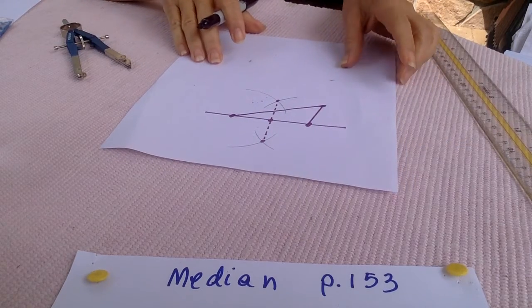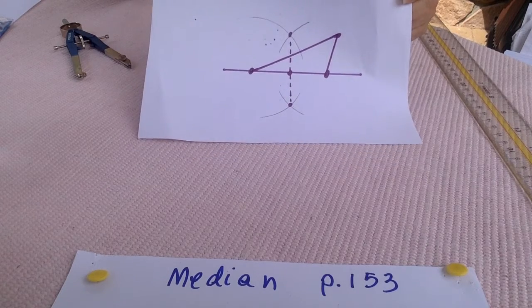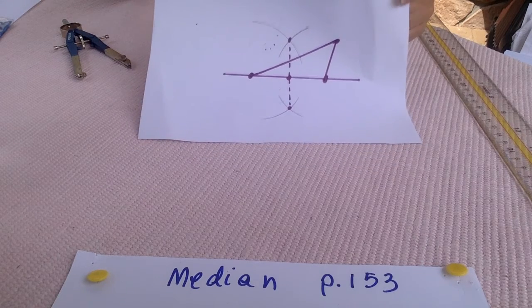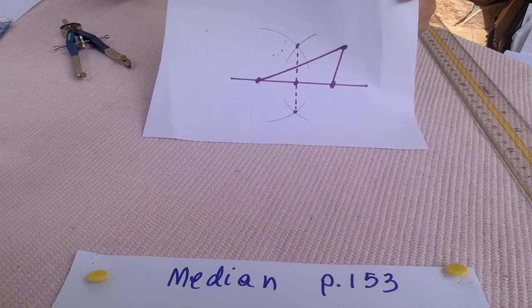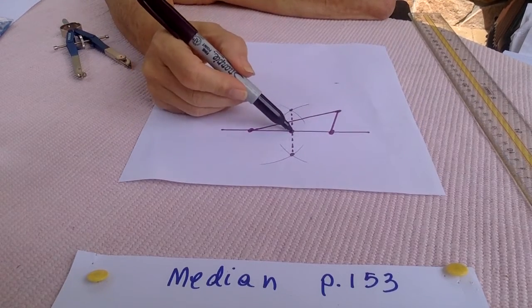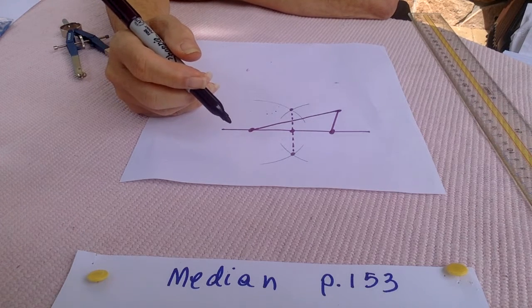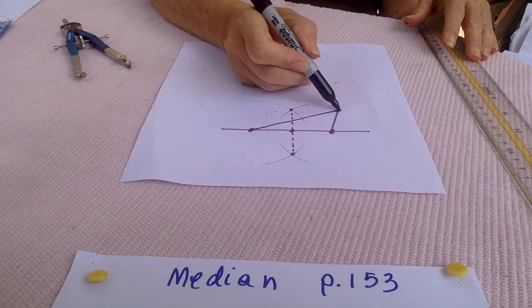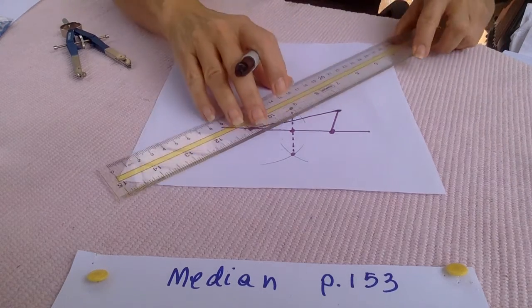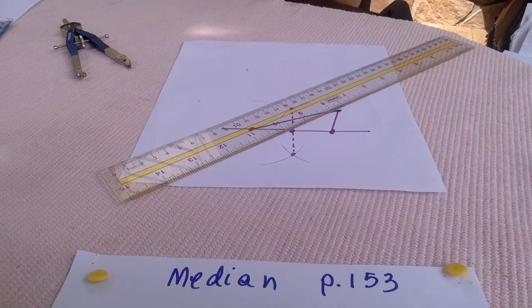All right, okay, now I have a triangle. Now we said that, well, we didn't say it, so let's actually make a line from the midpoint of the base to the opposite vertex, which would be right there. From the midpoint of the base to the opposite vertex. I'm going to use a different color for this.